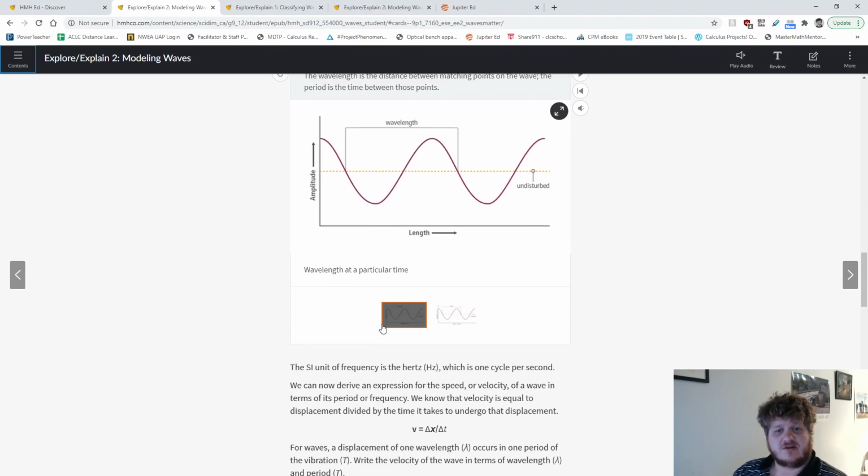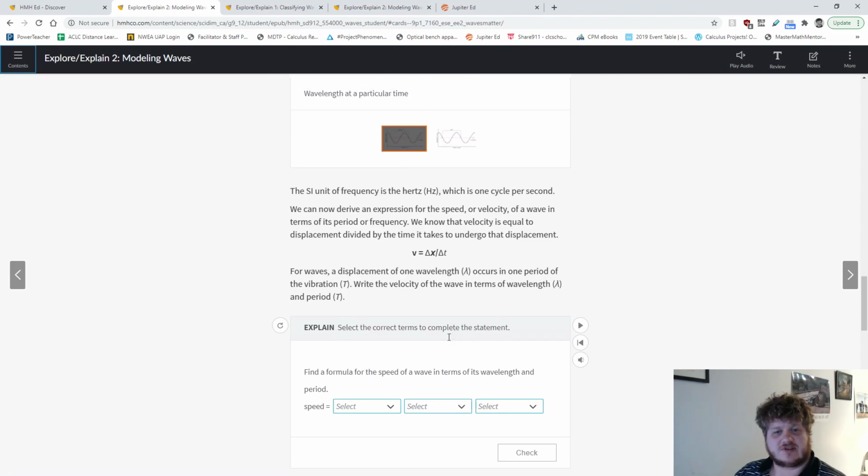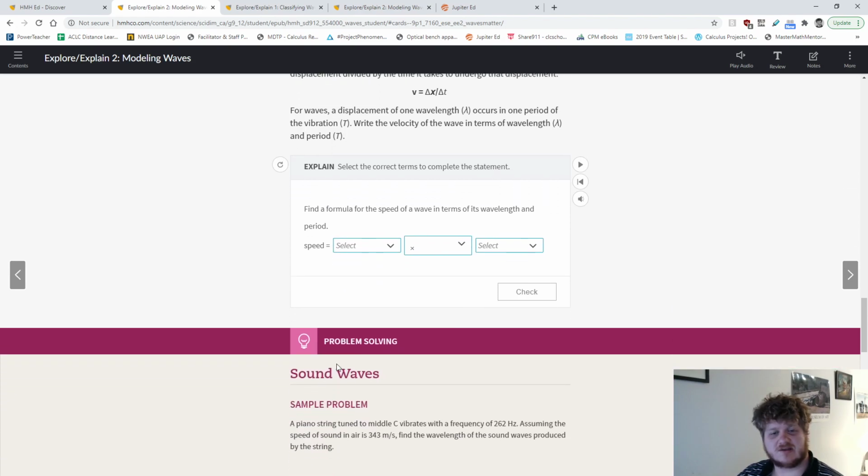So as you go here, there are some components of it, and one of the things I'd like us to do, if you think back to Explore Explain 1, you actually have the equation here for this explain, where you talk about speed is something times something. I'll give you a hint, it's times something else.